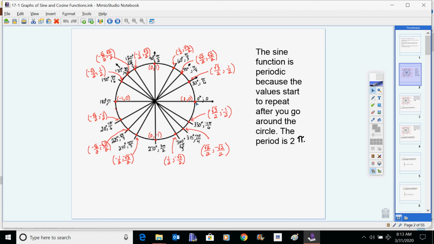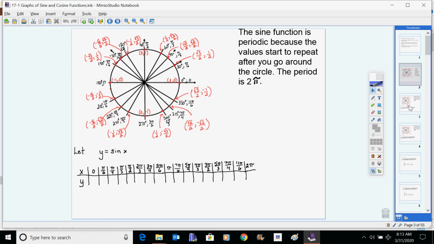When you come back to here, you'd be at 2 pi radians, which would be one complete trip around the circle and one complete set of these values, which are your sine values as you go around and around and around. So what I want to do is take a little bit of time here and go through your sine values and remind you where they come from.